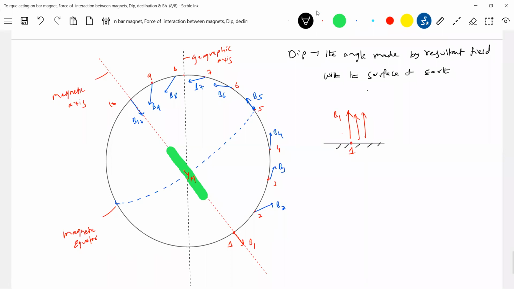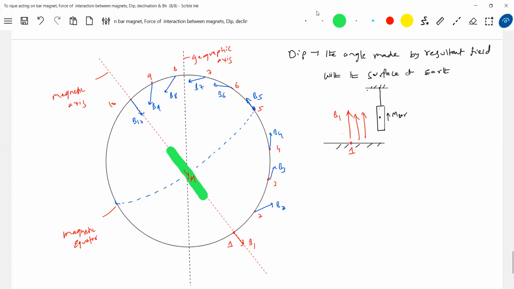I'll tie a small string about an axis passing through the center. Then when I suspend it, the bar magnet will align itself like this. Though I suspended at its center, it will align itself such that the M bar of the bar magnet is along B1 bar. Though you tied a string here, it will align itself in this way at point 1.